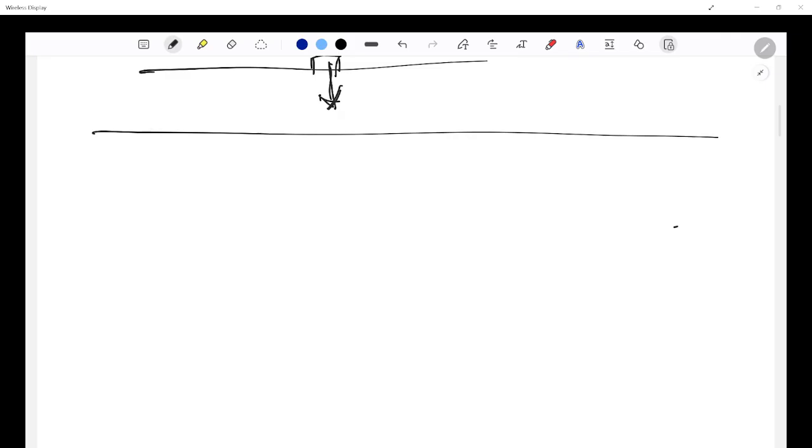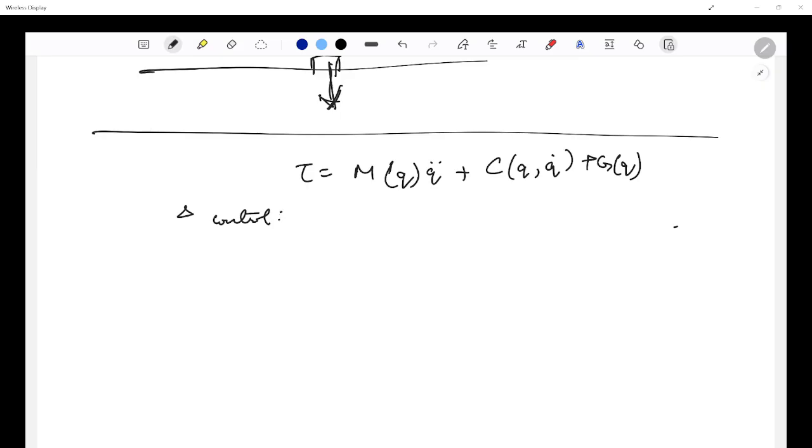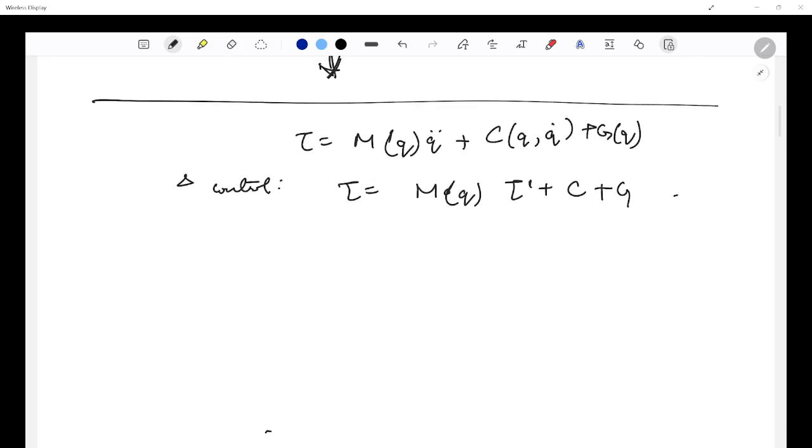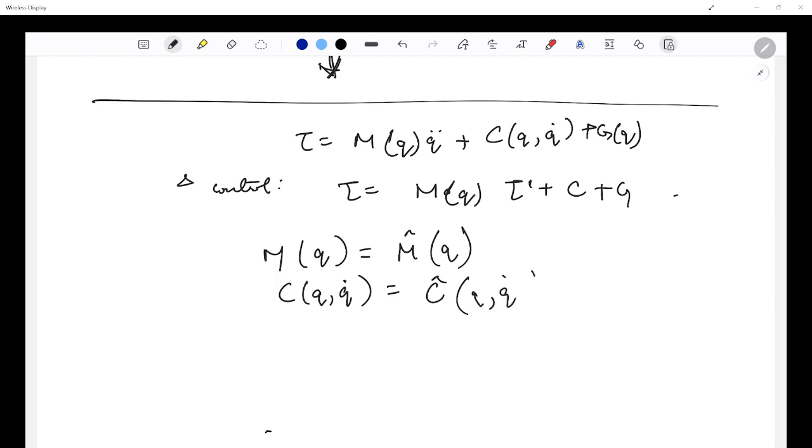We already saw that torque is M(q) into q double dot plus C(q, q dot) q dot plus G(q), and the control is alpha tau dash plus beta. So your torque is equal to M(q) tau dash plus C plus G. In reality, your M(q) is not equal to what you are estimating, C(q, q dot) is not the same as C hat, and G(q) is not the same as G hat.